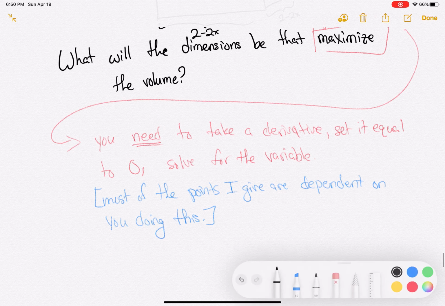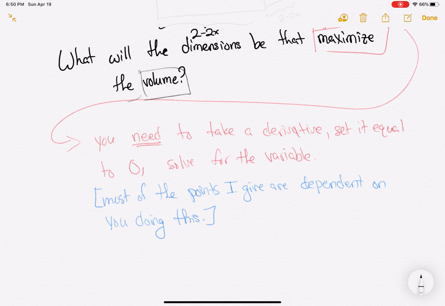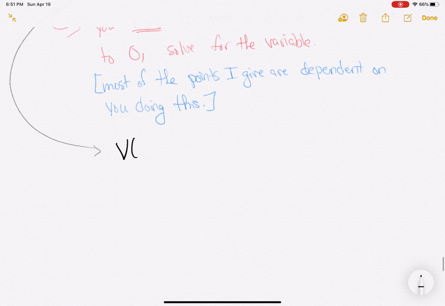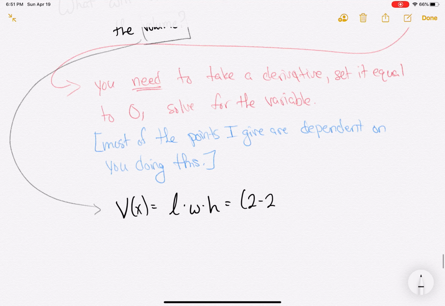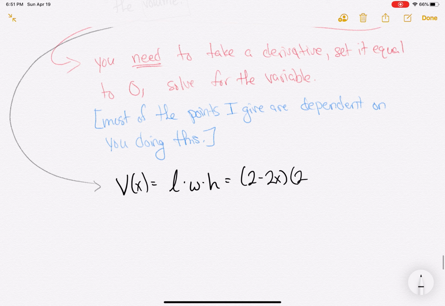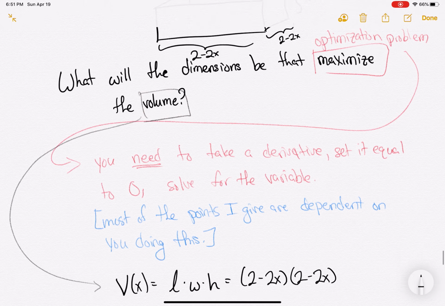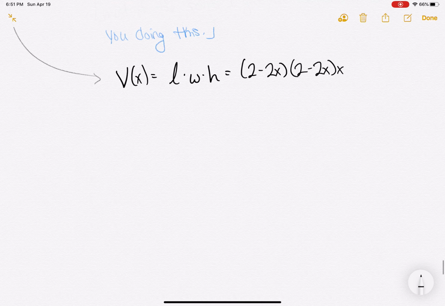Thus, if I want to maximize the volume, I need an equation for the volume dependent on x. Well, it's length times width times height. My length is 2 minus 2x, my width is 2 minus 2x, and my height is x.